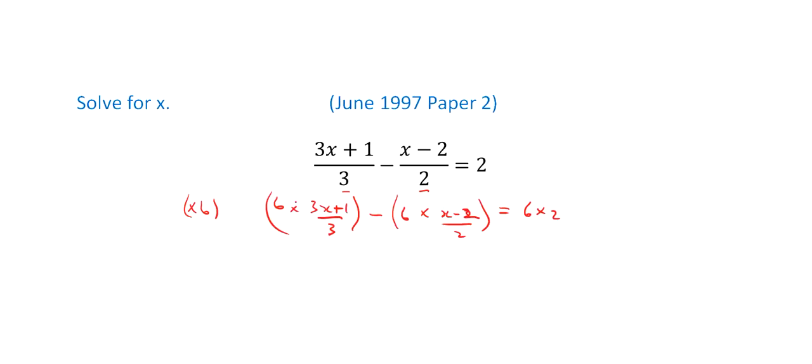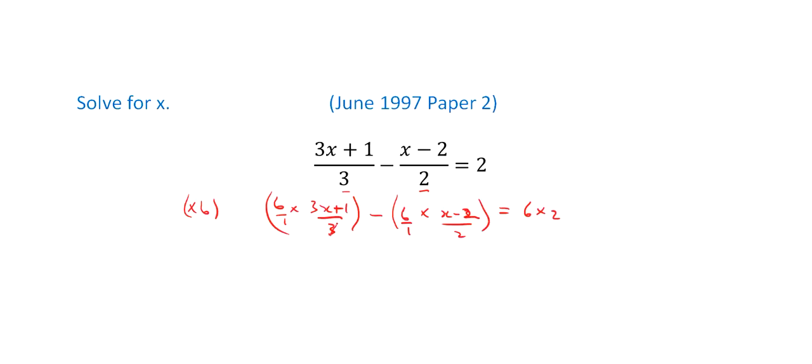Now don't let the brackets confuse you. I tend to use brackets so that I know exactly what I'm supposed to be doing. So every single term is simply being multiplied by 6, that is all. And we can write it as 6 over 1 if we want to make our lives easier.